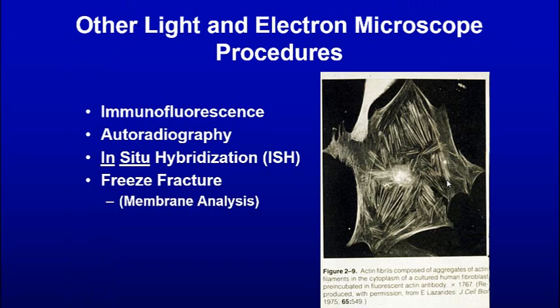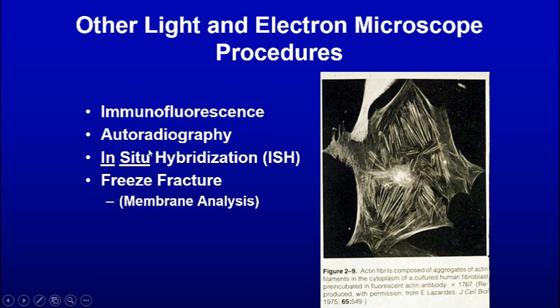There's other light and electron microscopic procedures. There's immunofluorescence, and here we can see where the actin filaments, clusters thereof, are located in the cells. These are stress fibers of the cell, and so that was detected where actin is by antibodies, hence immunofluorescence, antibodies that are bound to a fluorescent tag that's unique for actin.